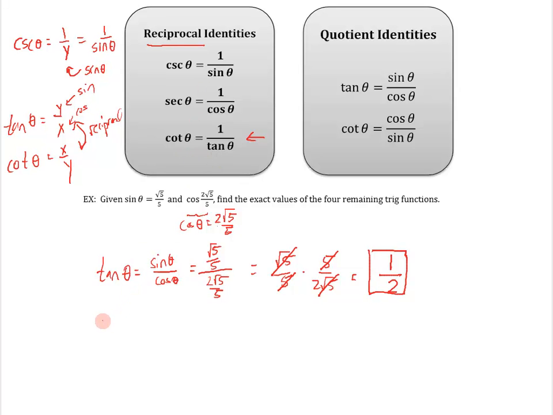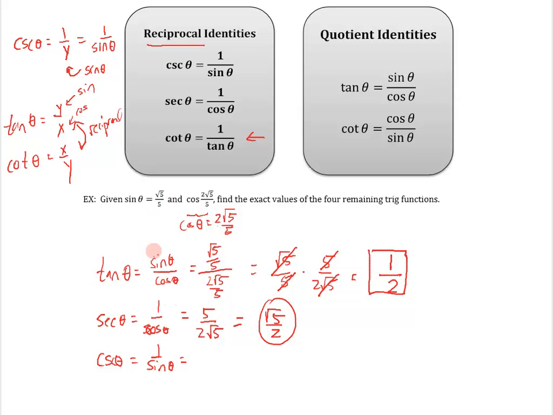So let's do secant of theta. That's the reciprocal of cosine of theta. So that's 5 over 2 square roots of 5. 5 divided by square root of 5, remember, is square root of 5. So you end up with square root of 5 over 2 here. Cosecant of theta is 1 over sine, which means the reciprocal of sine.